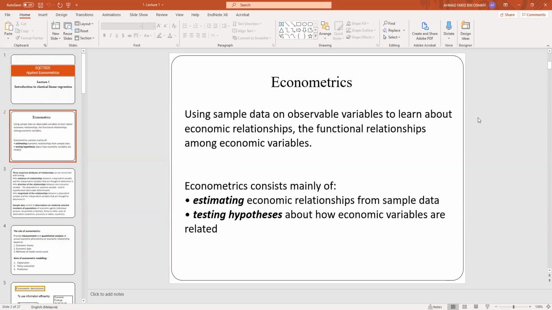So basically, we would like to estimate the effects of one variable on other variables, and then we also want to perform hypothesis testing in order to identify whether the effect is statistically significant or not.